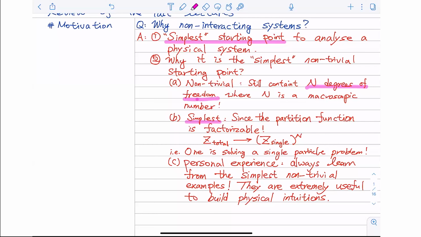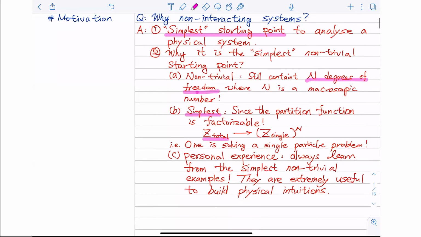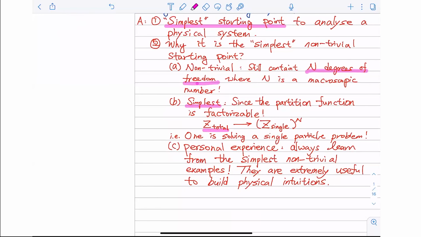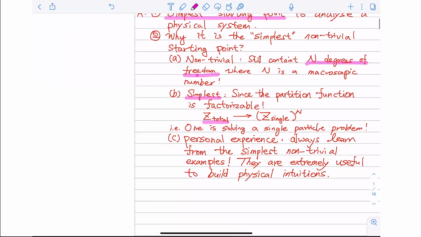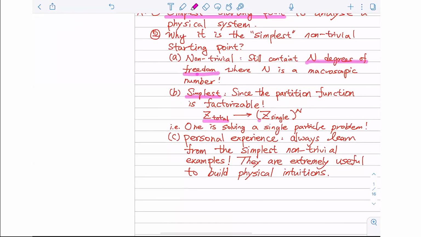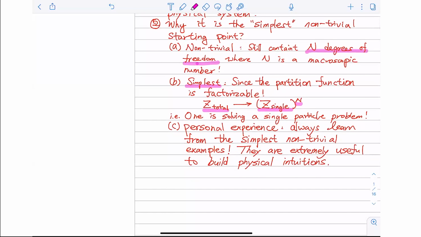Because of that, in principle, we should analyze the total partition function. Now, the problem is simplified such that by understanding the single particle partition function and simply raising it to the power of N, or making a product of these single particle partition functions, we will be able to derive the total partition function.